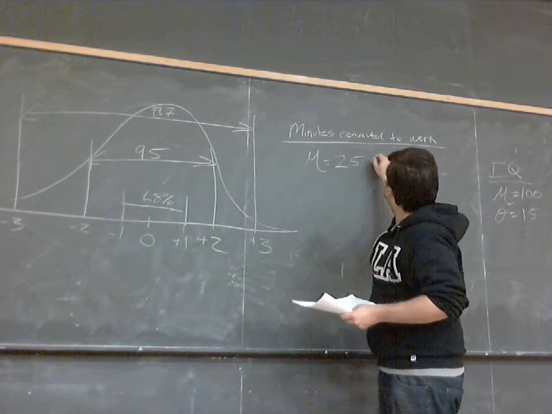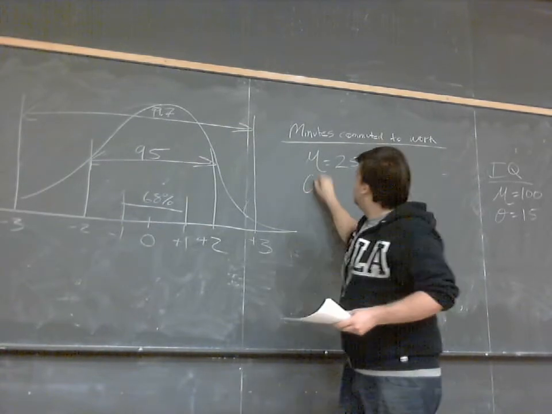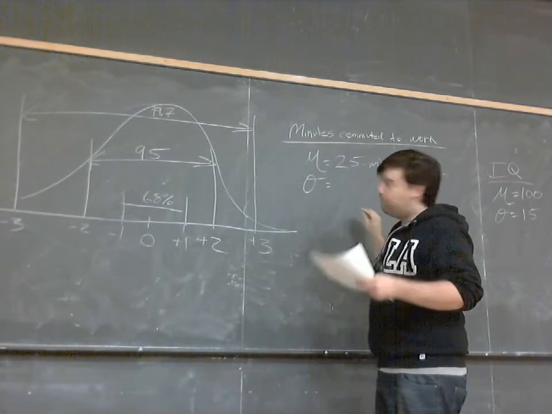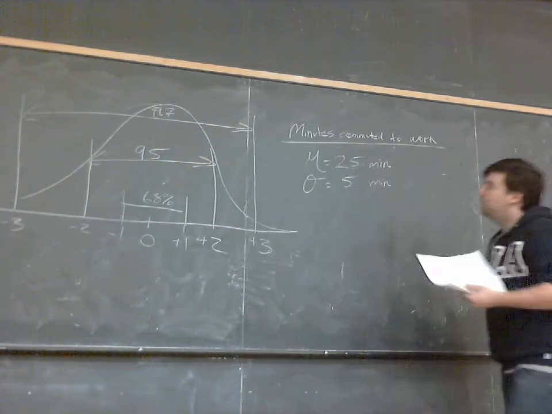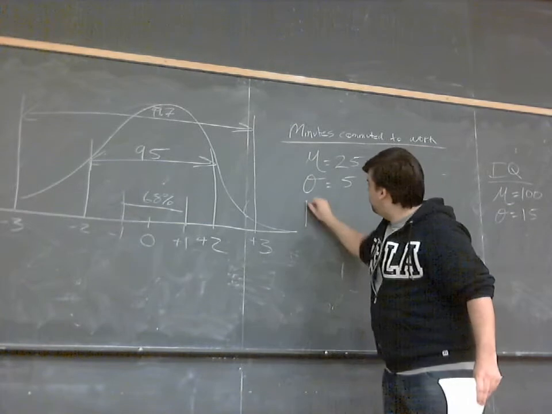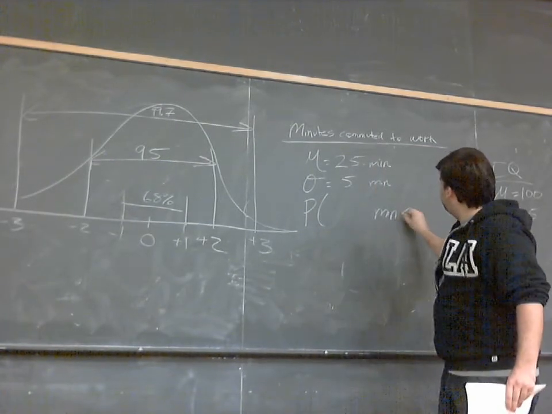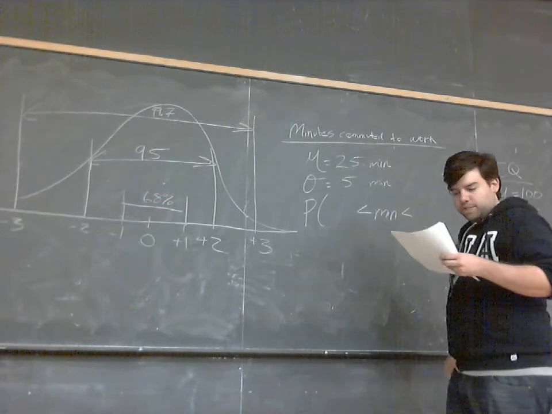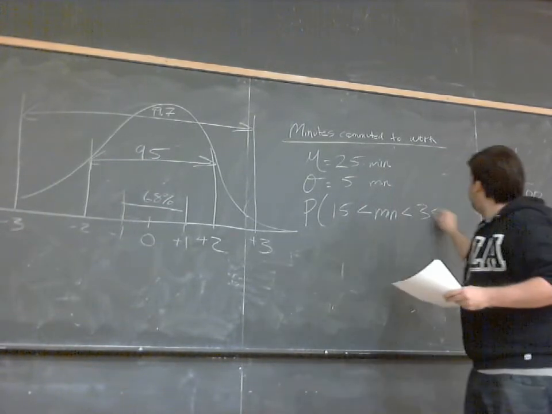This is national. Standard deviation of 5 minutes. What is the probability that your commute to work in minutes is between 15 and 35?